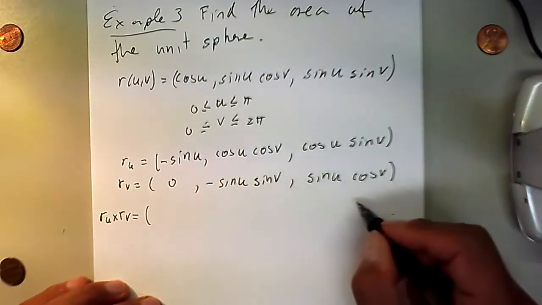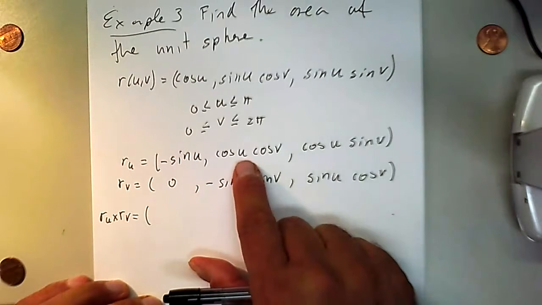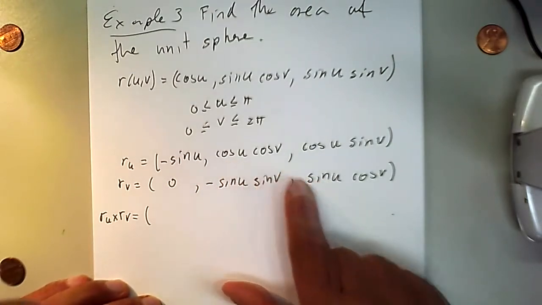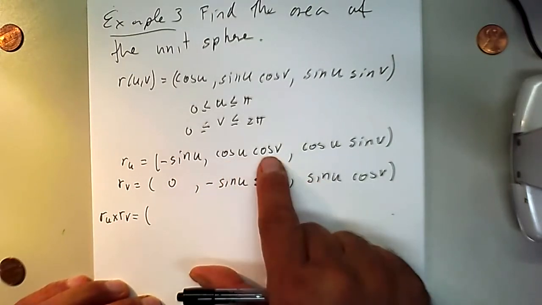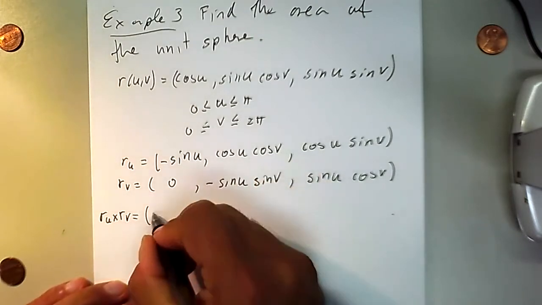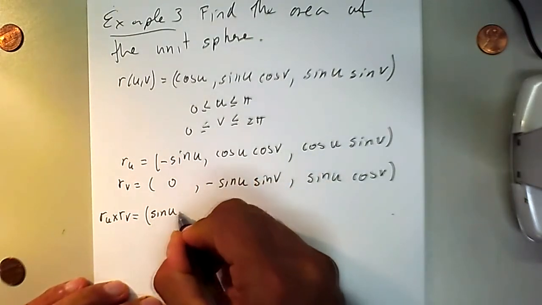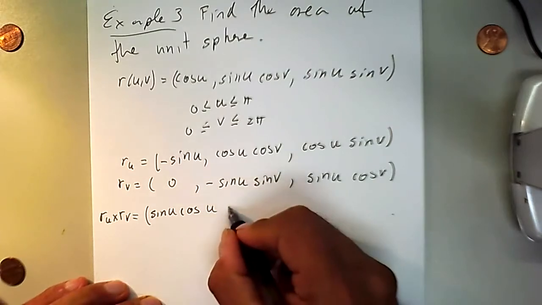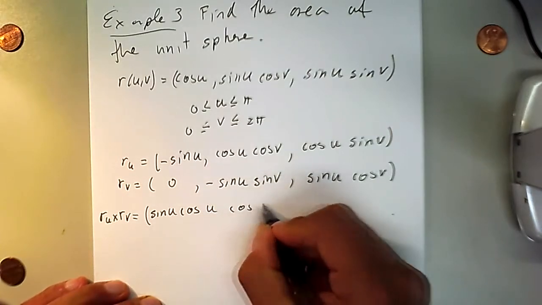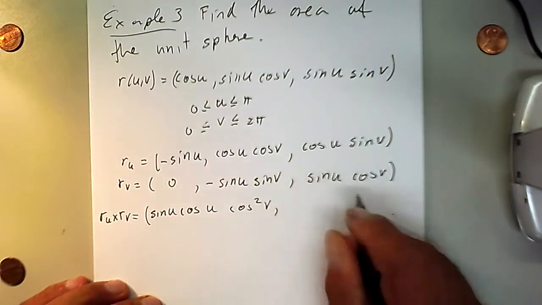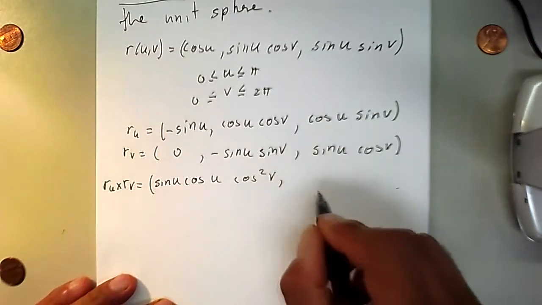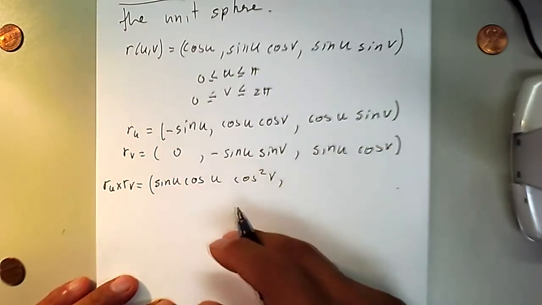That's going to give us a vector, and we start with those two: sine u, cosine u, and cosine squared of v. Instead of trying to crunch that into one line, I'm going to put the 3 components on 3 lines.